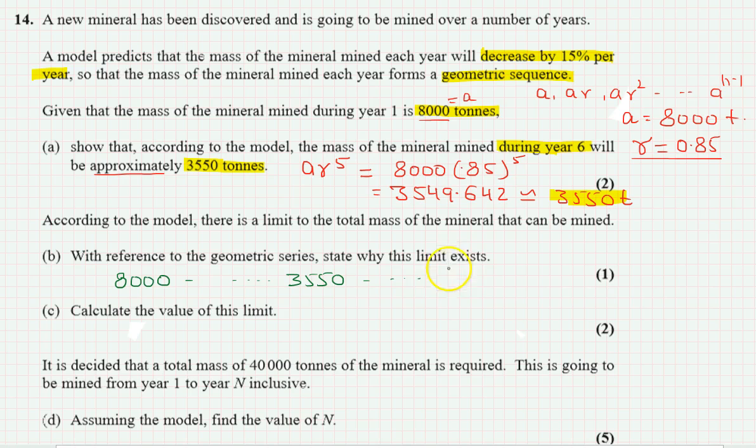So it's a convergent series, it's not a divergent series. It starts from this and converges to a point. All convergent series have a limit. That's why there's a limit that the mineral can be mined.